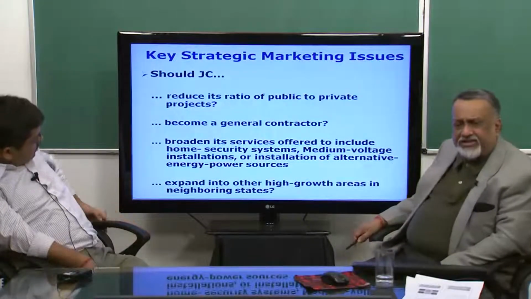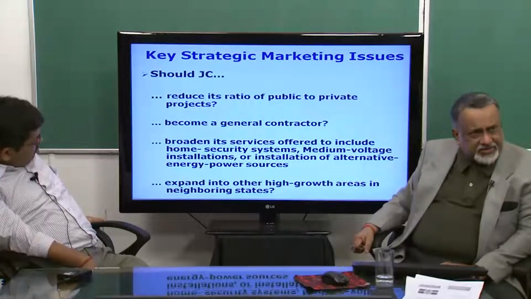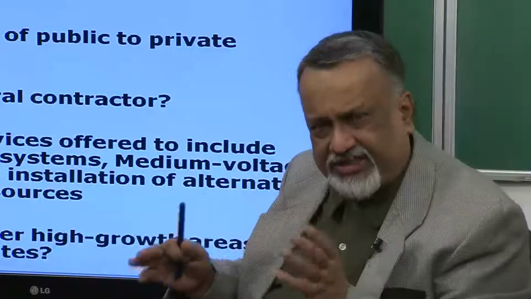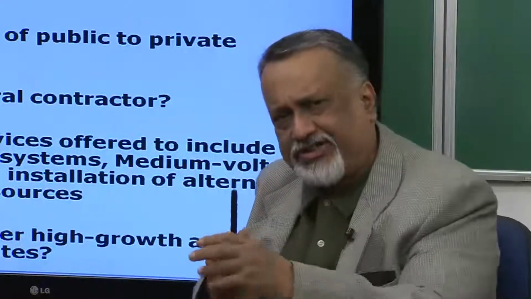So, should JC company, these are the strategic marketing issues we usually ask, and this case gives you a framework for how to do the analysis and what questions to ask.